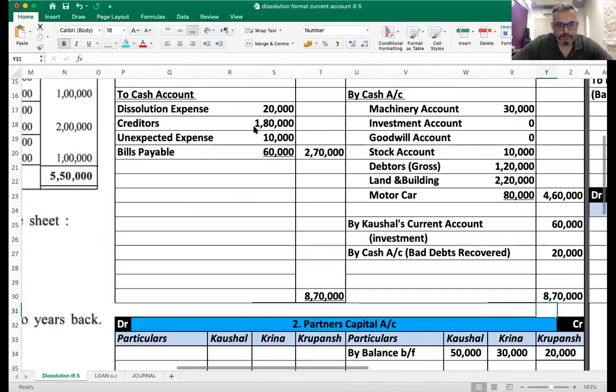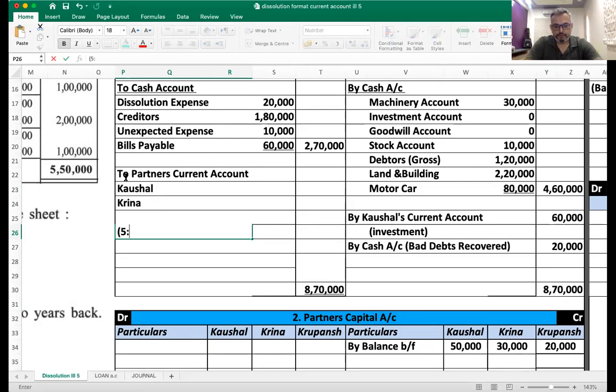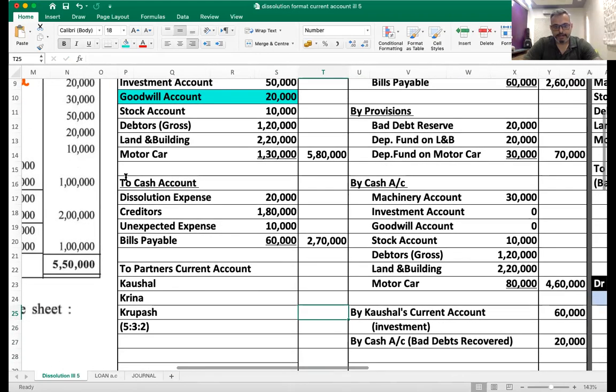So let's give it to the partners. So two partners, current account. Now Kaushal, Reena, Rupansh. Ratio is 5 is to 3 is to 2. And the amount is 8 lakh 70 minus 5 lakh 80 and 2 lakh 70.